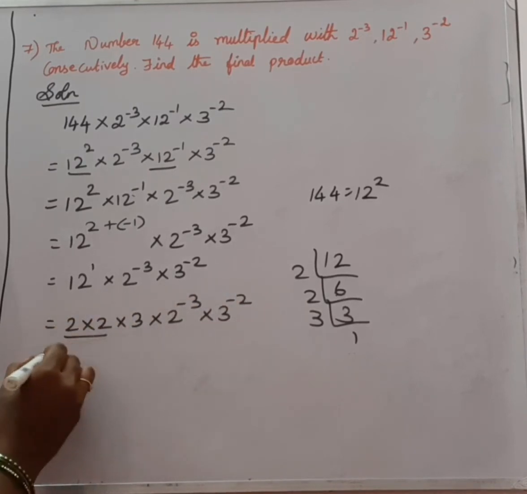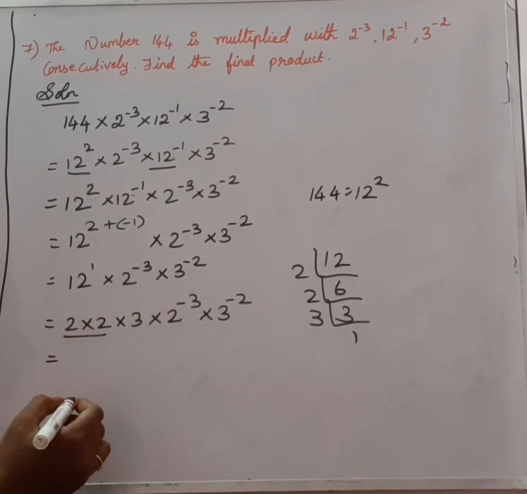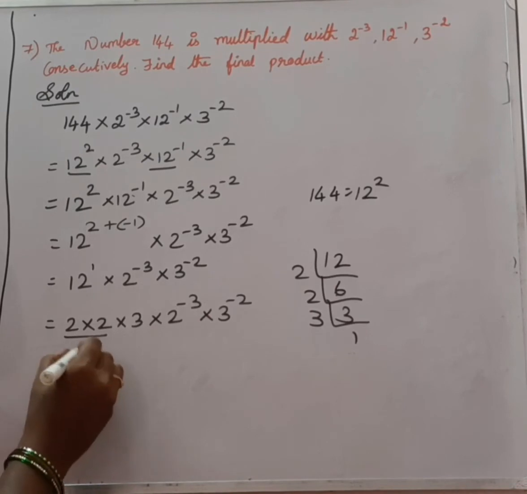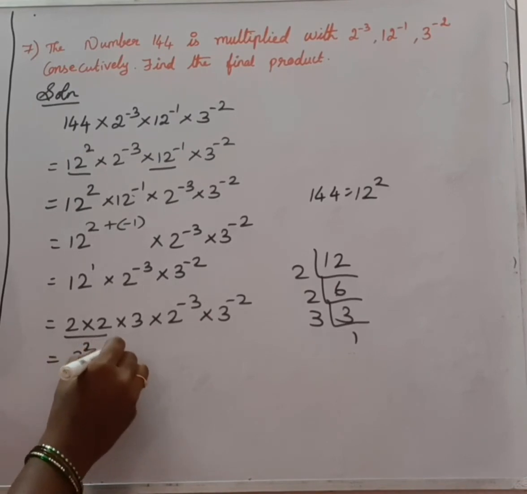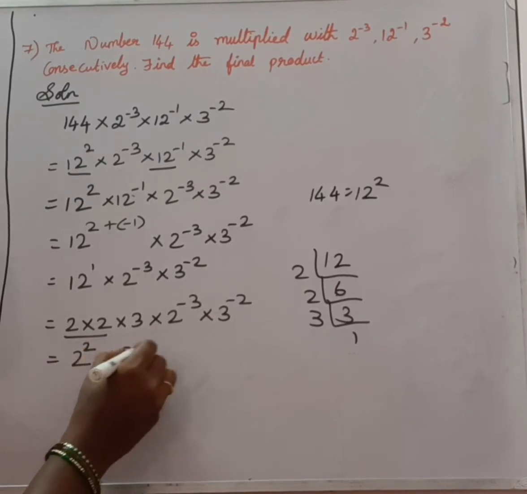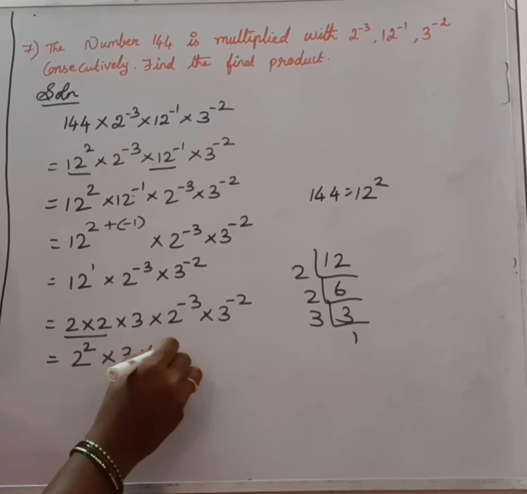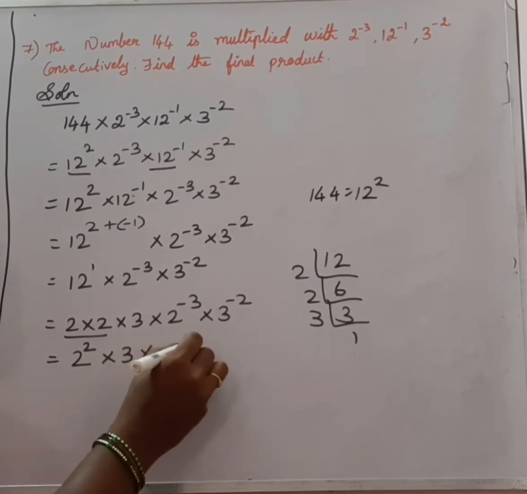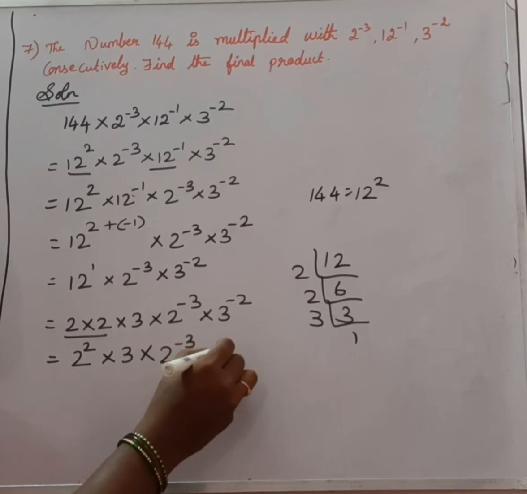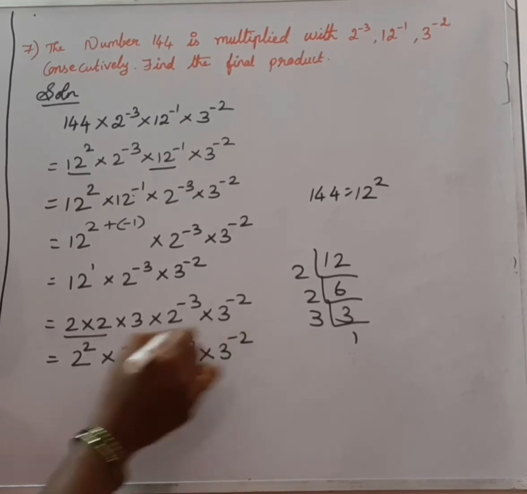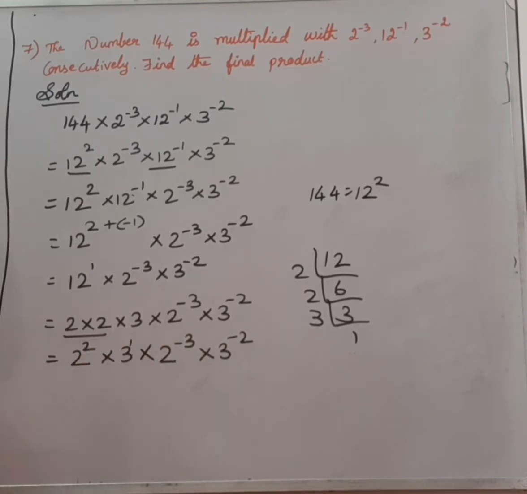This 2 into 2 can be written as 2 square into 3 into 2 power minus 3 into 3 power minus 2. Here there is no power, so it will be considered as 1. Okay, so now what values do we have?